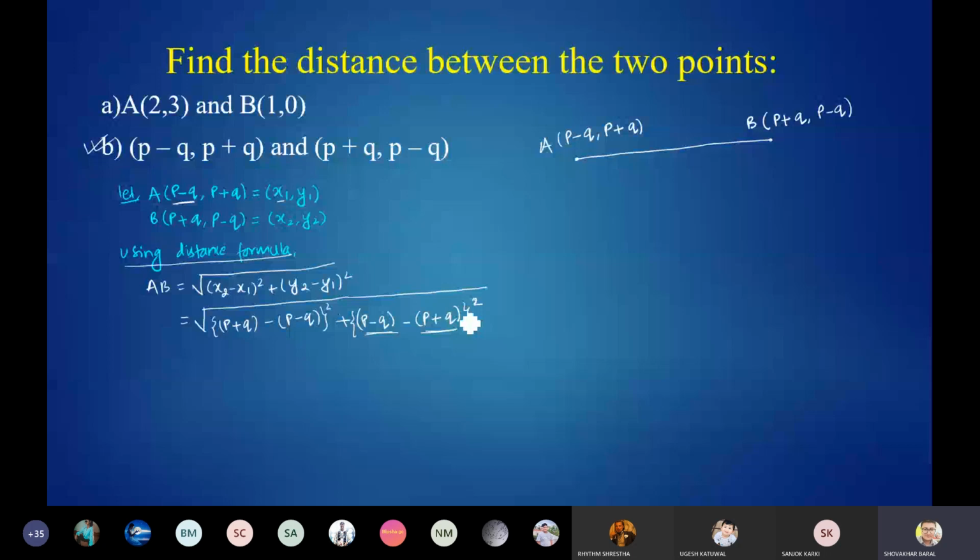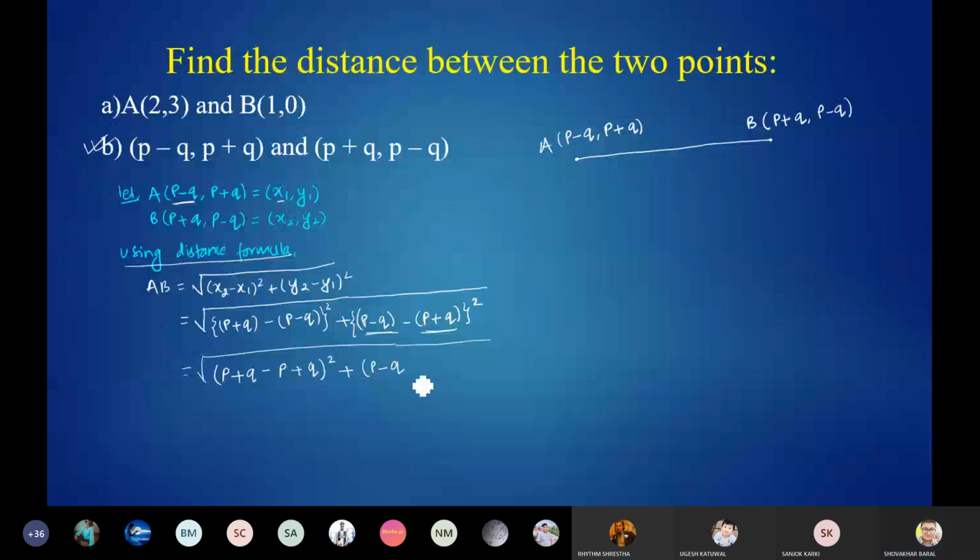So let's simplify it further. Let's open the bracket. So it will be p plus q minus p, minus into minus is plus, so it will be plus q whole square. Again, it is p minus q. Be always careful while dealing with the minus sign. Please be careful while operating with the minus sign.